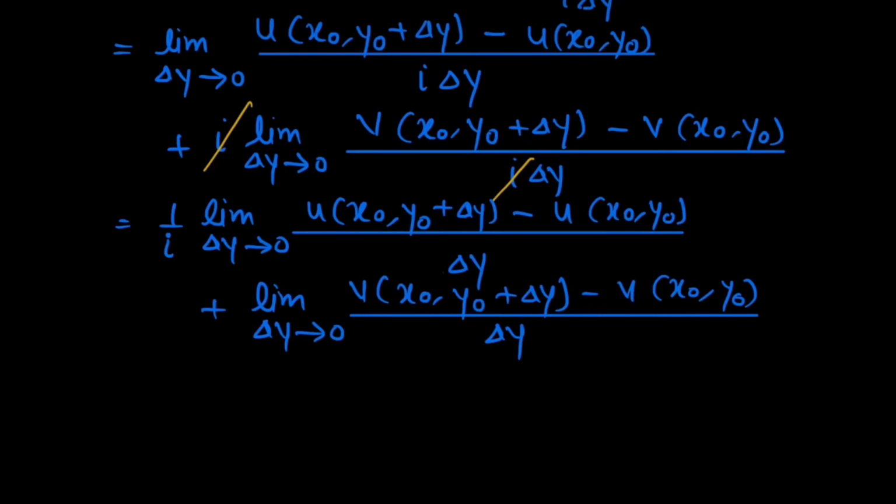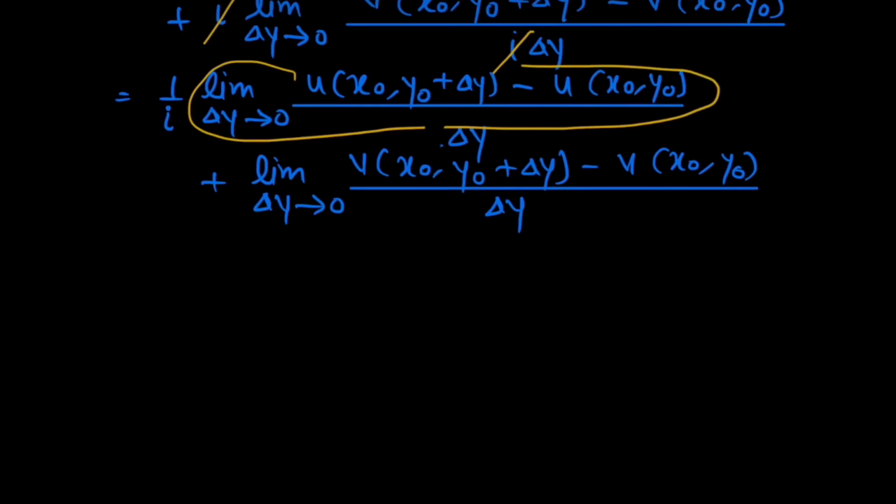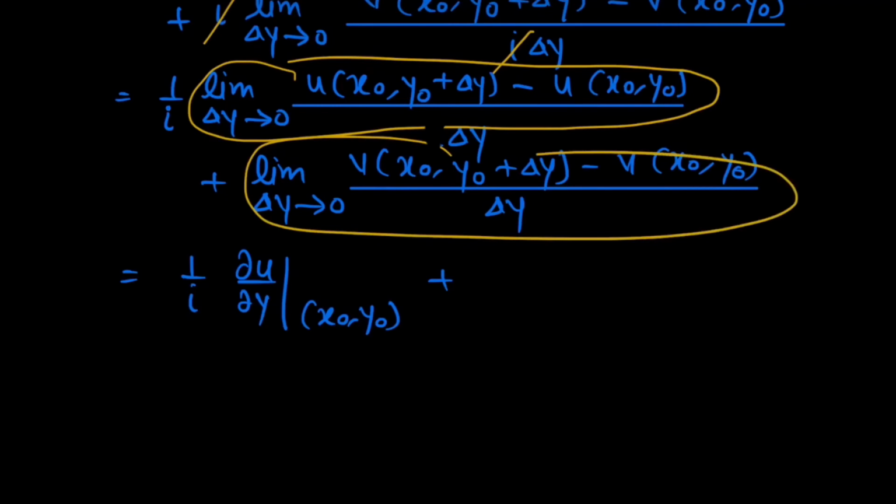Okay, now this is what? This is del u over del y. Okay, so we have 1 over iota del u over del y at point x naught comma y naught plus, and this is what? This is del v over del y at point x naught comma y naught.